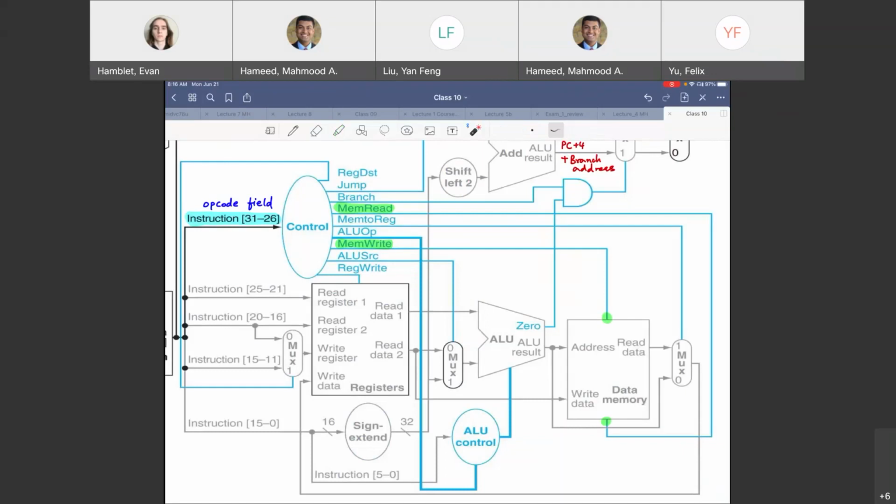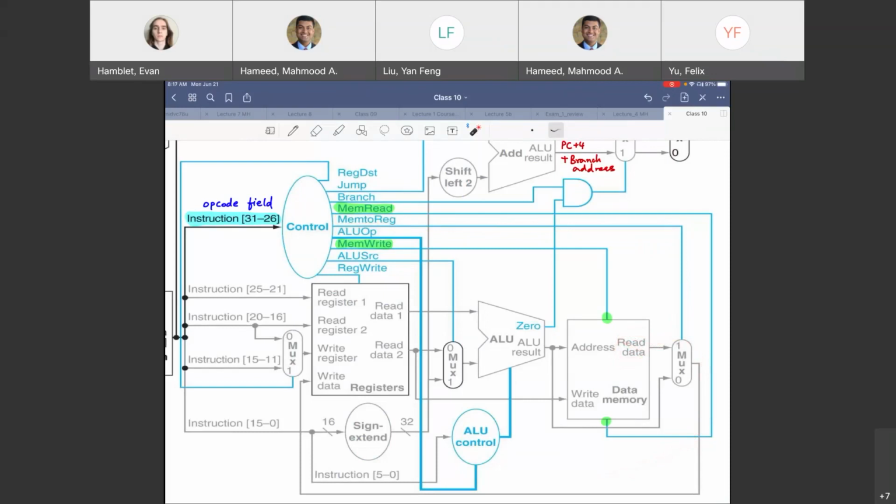Next, memory to register. That control line is coming out from here and going to this mux. Can you guys think of an instruction in which memory to register needs to be a 1? Go ahead. Load word, right? So if this is load word, you read a word from here and then you put it into the register file.